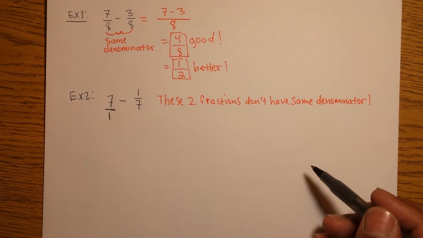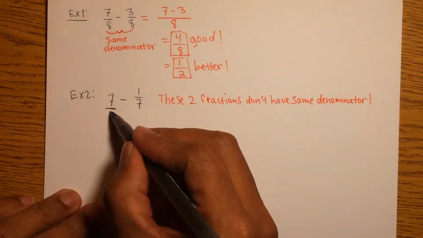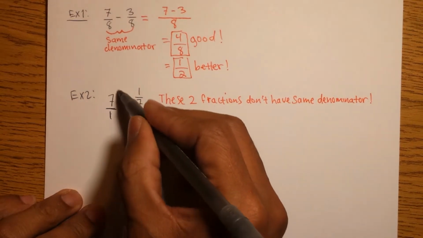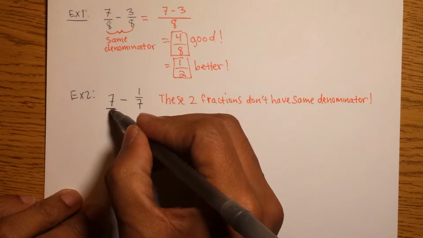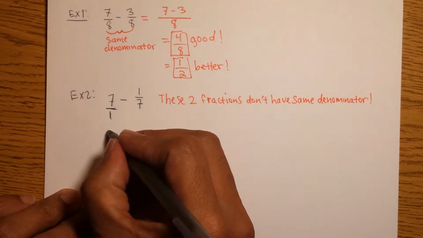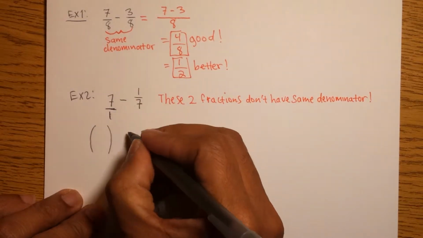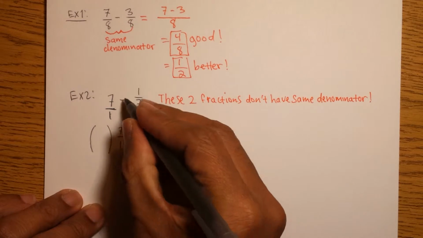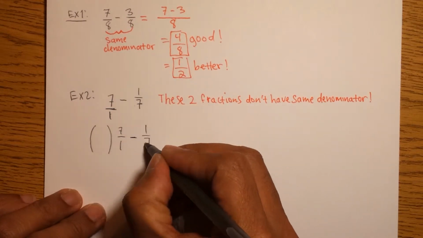Well, this is a 7, and you're trying to get a 7 under this one. So that means you're going to have to multiply this here by 7, so you get a 7 as the denominator of this fraction here. So let's do that. So this will be in parentheses, and this is 7/1, and this one here stays the same. So this is 1/7.